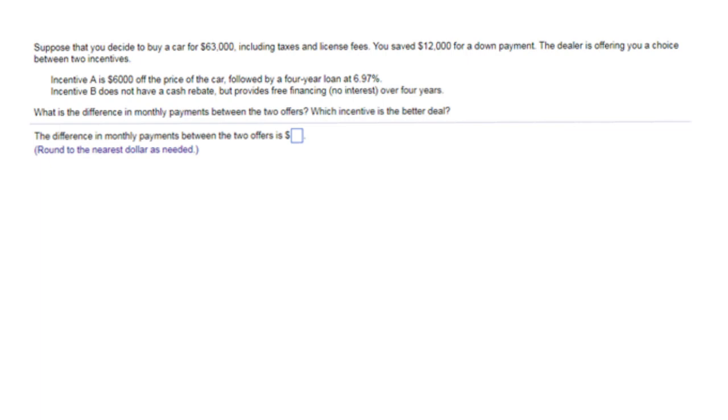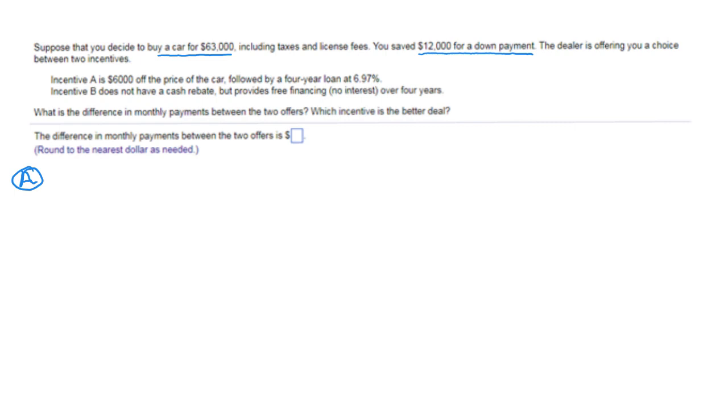So we clearly need to go in and find the monthly payment for each one of these. So let me put incentive A over here on the left-hand side. And one of the first things we need to do is write down what we have. So we have the $63,000. This is the price of the car. There is a $12,000 down payment.